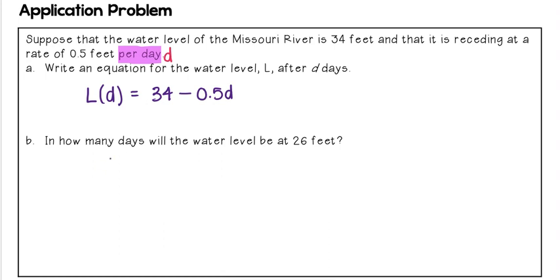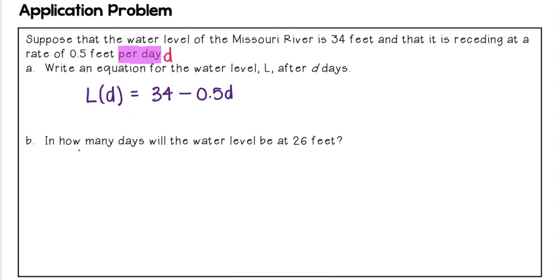Okay, now then the second part says, in how many days will the water level be at 26 feet? So I have two variables here. I have this L of D, and then I have D. And so it says, in how many days will the water level be at 26 feet?